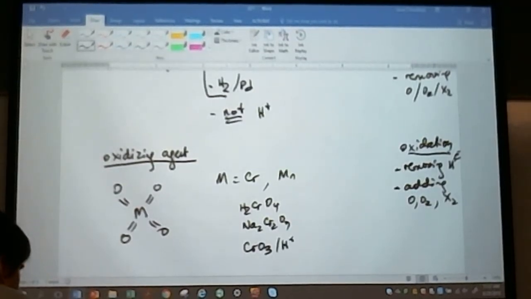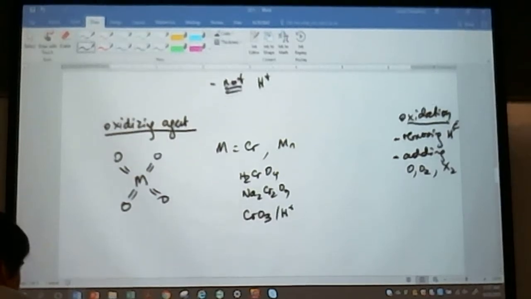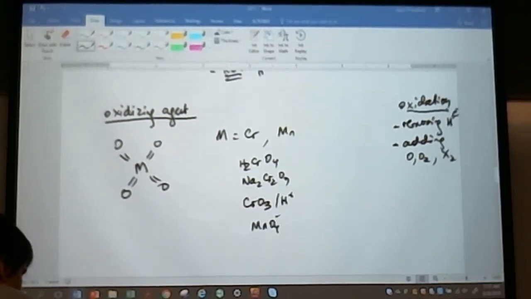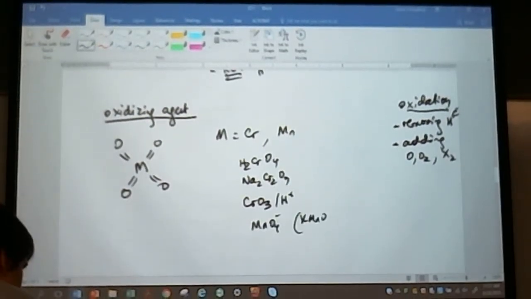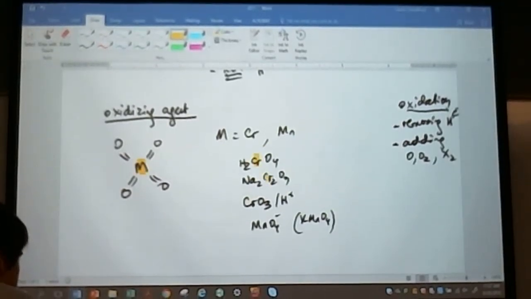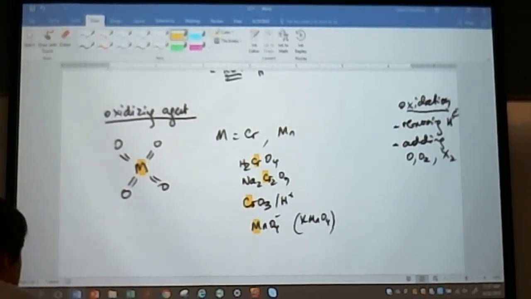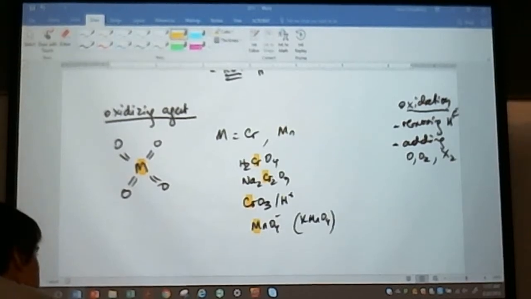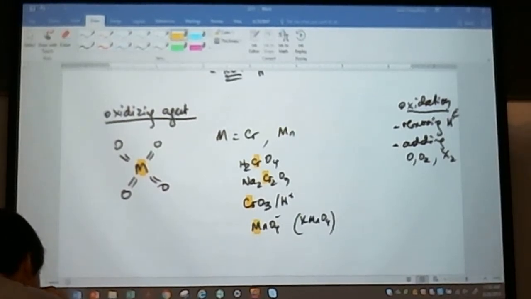I mean, bunches of things, or permanganate ion, typically as potassium permanganate. All of these things where you have this metal with a bunch of oxygen are typical oxidizing agents. And therefore, when you see that oxidizing agent, you say, oh, this is an oxidation. Okay.